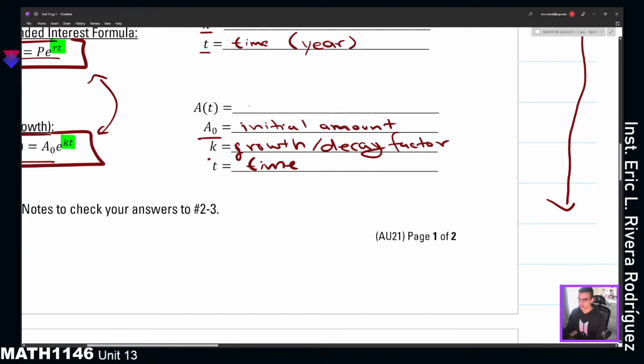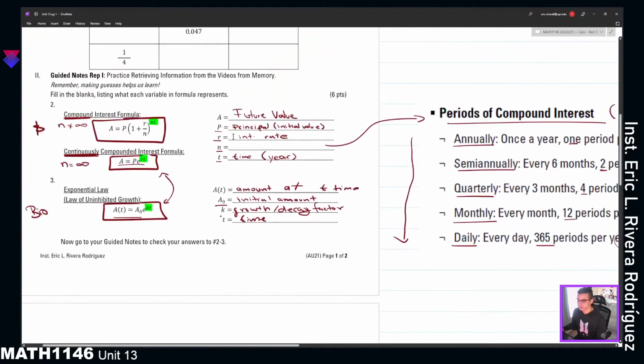Not only years. And A of t will be the amount at t time. It is more specific, at t time. Okay, they will make more sense with the cases that we're going to see.